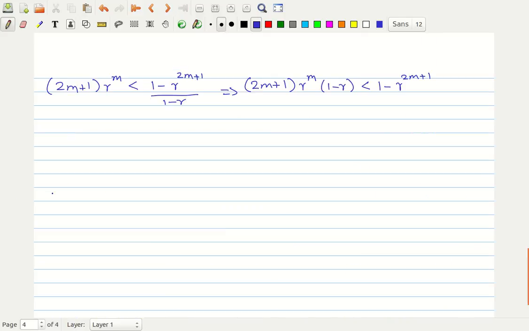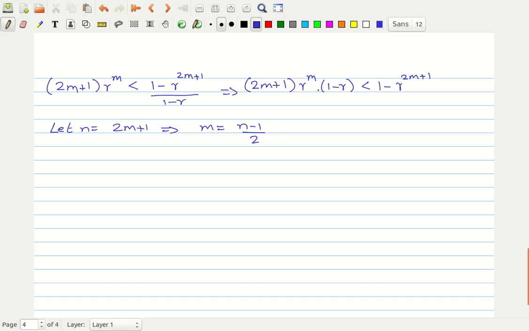What I can do is, instead of putting m over here, let me change it by n. So let n be equal to 2m plus 1. This means that m is going to be equal to (n minus 1) divided by 2.